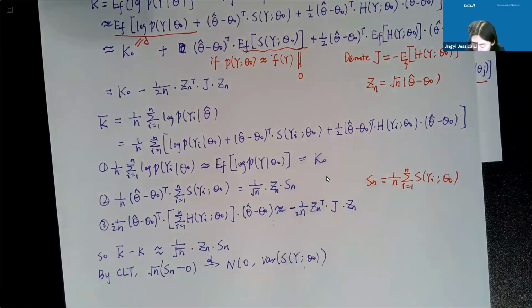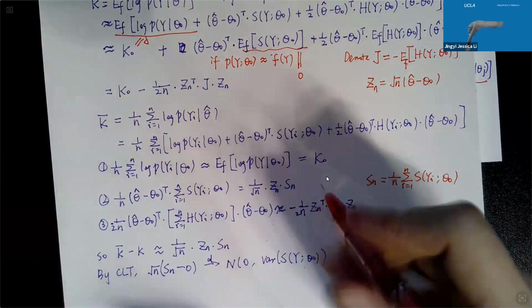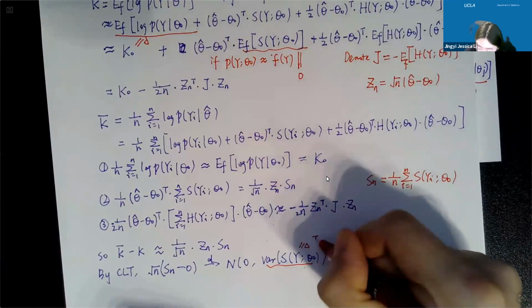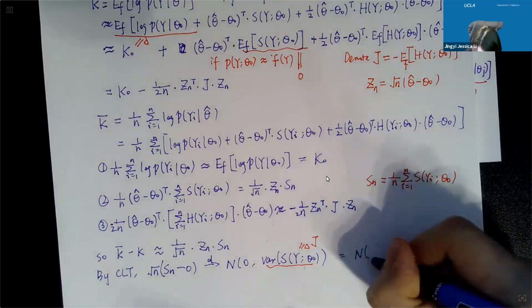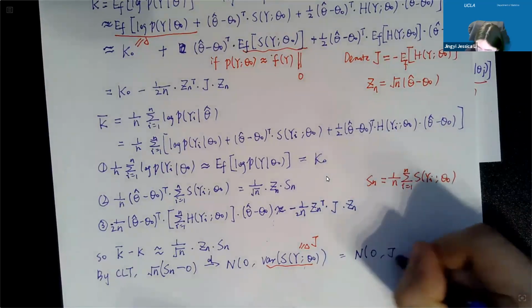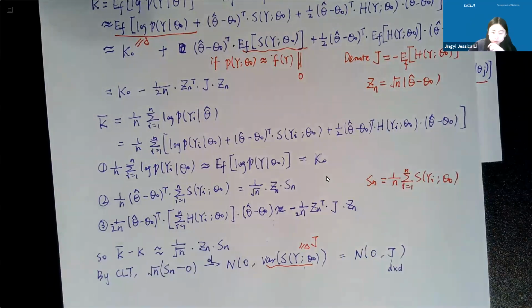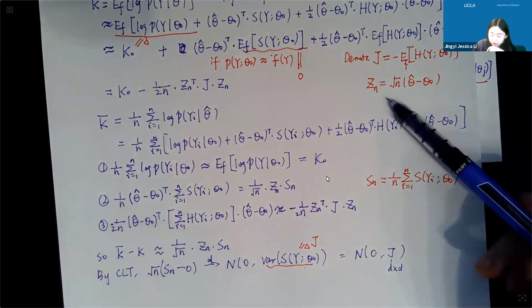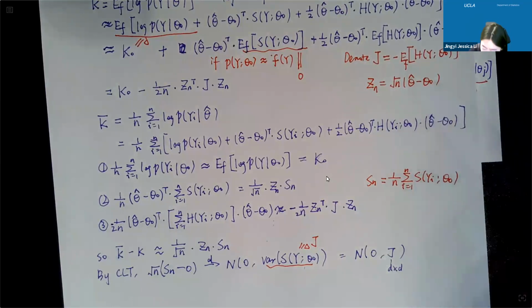From now on, by notation, we just denote this thing by J. So therefore, we can write this distribution as N(0, J), and J is d by d. That's the first thing we know from the central limit theorem. Another interesting thing we know about Zn: we can apply the large sample theory of MLE.